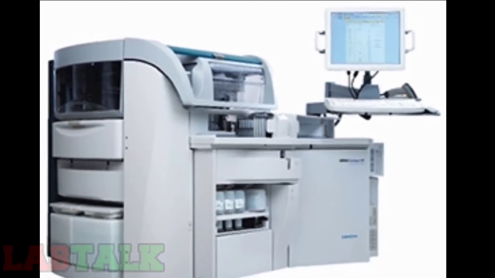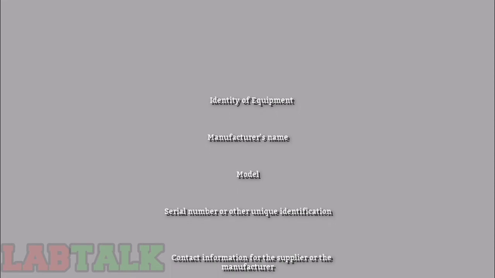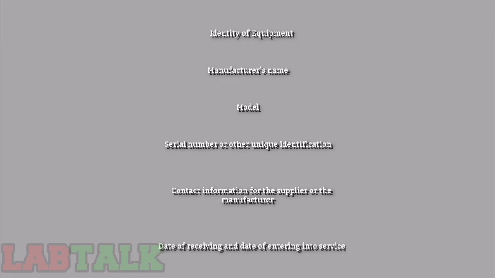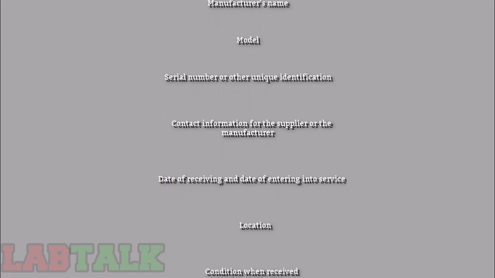A complete set of equipment documents should include the identity of the equipment, manufacturer's name, model, serial number or other unique identification, contact information for the supplier or the manufacturer, date of receiving and date of entering into service of the equipment, location of the equipment, the condition of the equipment when it was received, whether it was used, new or refurbished, manufacturer's instructions, and records that confirm the equipment's initial acceptability for use when the equipment is incorporated in the laboratory.